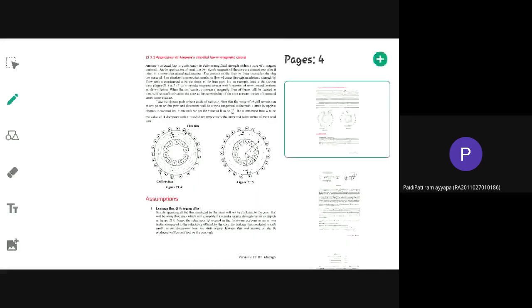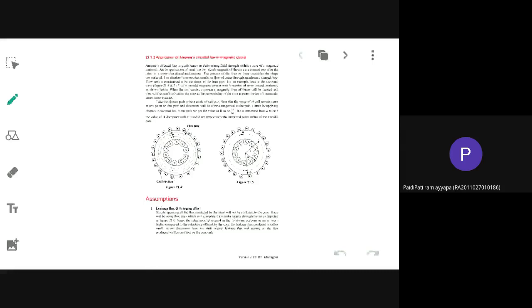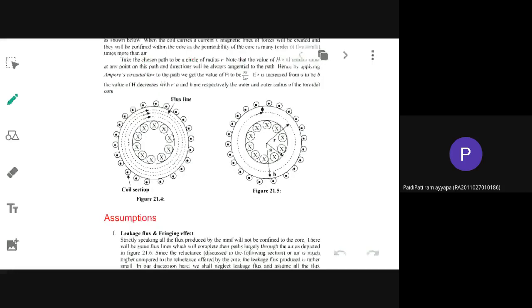I told you that this magnetic circuit also forms part of machines, DC or AC machine, motor or generator.